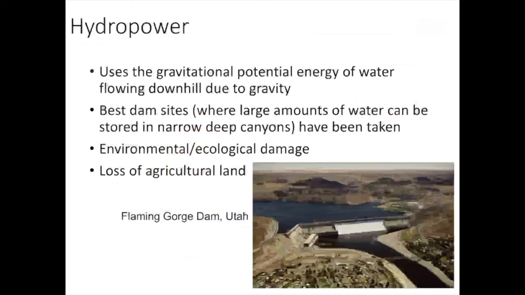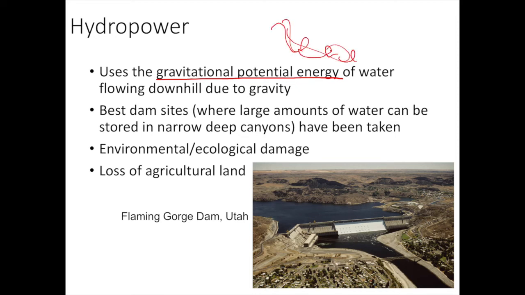As I mentioned, this is something that's been around for a very long time. It uses gravity or gravitational potential energy of water, right? As the water is flowing down the hill, right? Is flowing downhill. You use that in order to convert it to energy, convert it to electricity. Right?